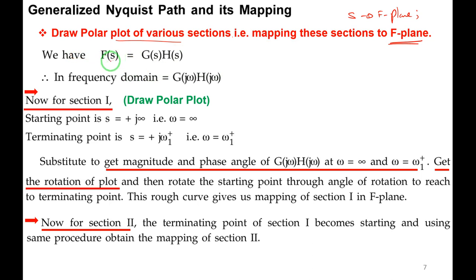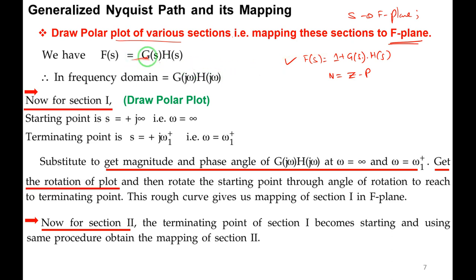Yes, we have the function F(s), which let me take as G(s)H(s). For the Nyquist plot we had assumed F(s) equal to 1 plus G(s)H(s) earlier. Now let me take only the open loop transfer function F(s), that is G(s)H(s). The 1 we are not taking. Earlier, the Nyquist stability criterion was N equal to Z minus P, the number of encirclements of the origin.